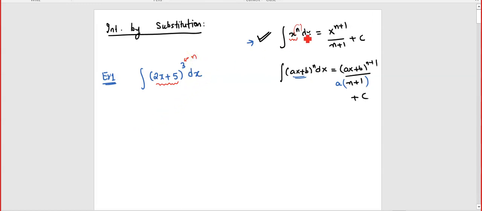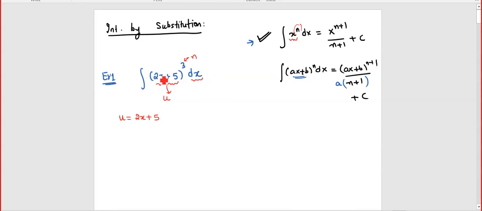So to apply this rule, we will use the change of variable. We change it to a new variable, say u. So we will write u as 2x plus 5. After converting u as 2x plus 5, we need to change this dx as well, because in the entire question there should be only one independent variable.